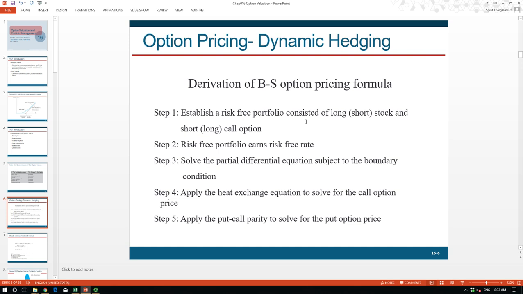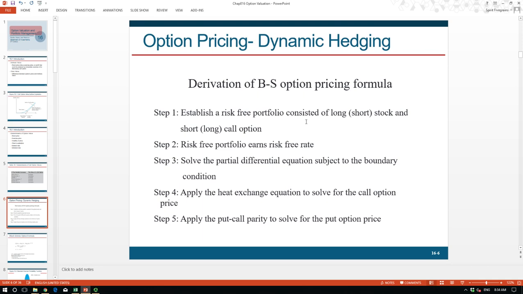Their alternative way is based on the non-arbitrage pricing approach. So what is non-arbitrage? Non-arbitrage is a very powerful assumption on the financial market, right? As we learned in the past, there's the law of one price principle, which means the same asset, if traded in different places, has to have the same value.